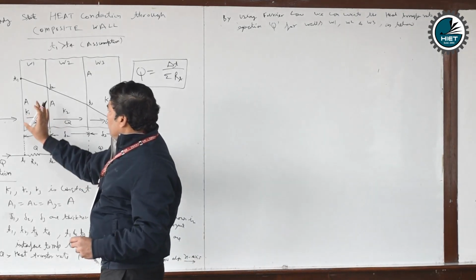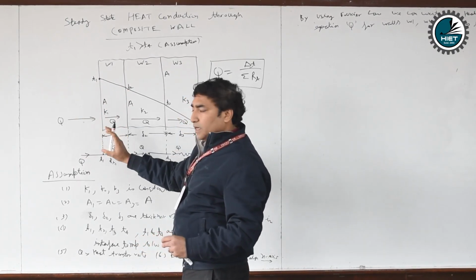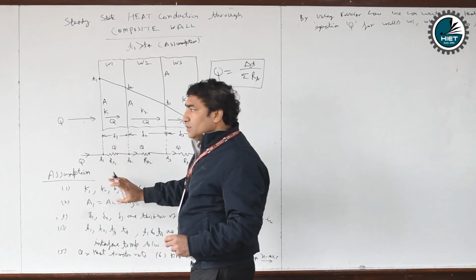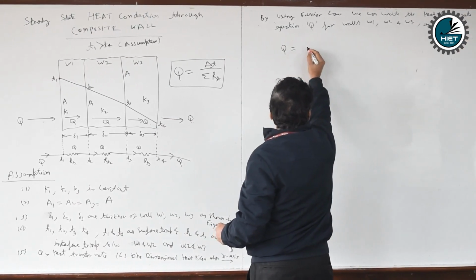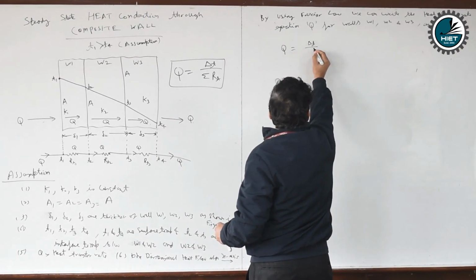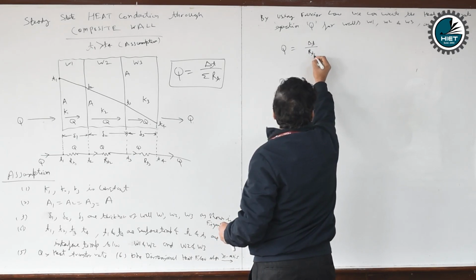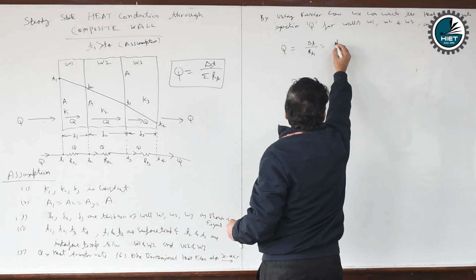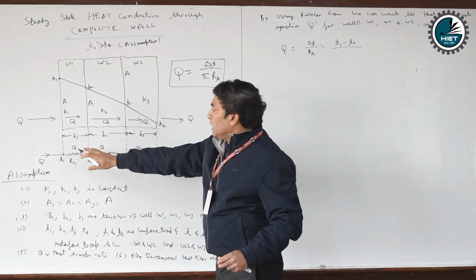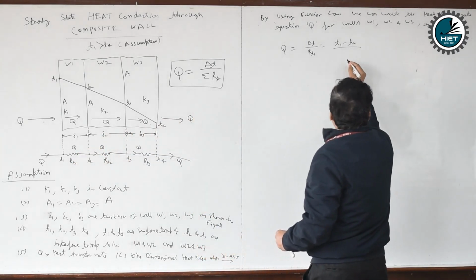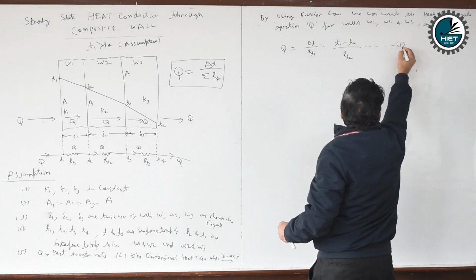For wall 1, the temperature difference is T1 minus T2, the heat transfer rate is Q and the thermal resistance is RT1. So we know that Q is equal to temperature difference delta T upon thermal resistance, so this is T1 minus T2 upon RT1. Let this be equation 1.